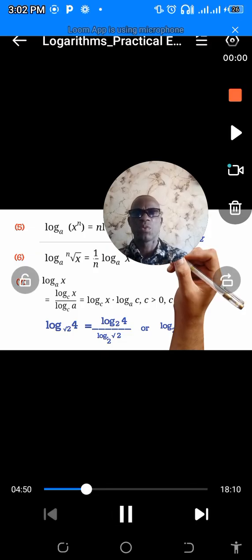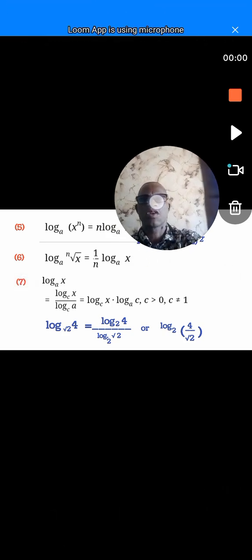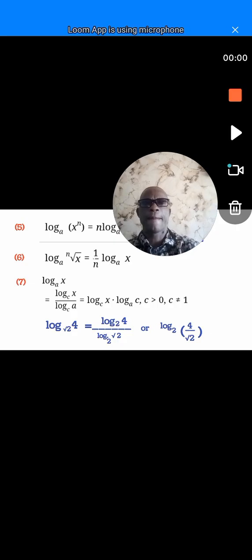So we are going to go back to that question and attempt to solve it. We are going to apply the logarithm law of changing base.